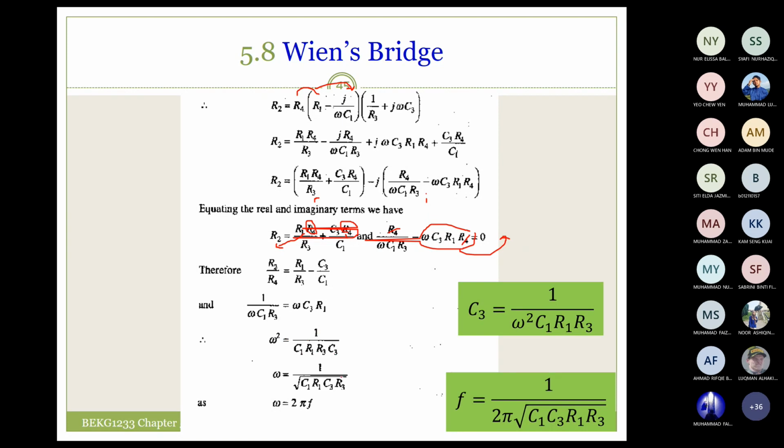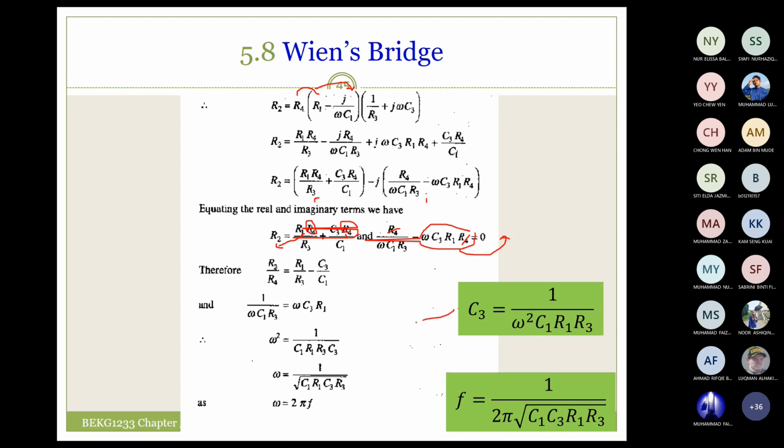Omega is 2 pi F, so omega squared is equal to 1 over C1 R1 C3 R3, and taking the square root of C1 R1 C3 and R3, we can get C3 that we want to find, which is 1 over omega squared C1 R1 R3.